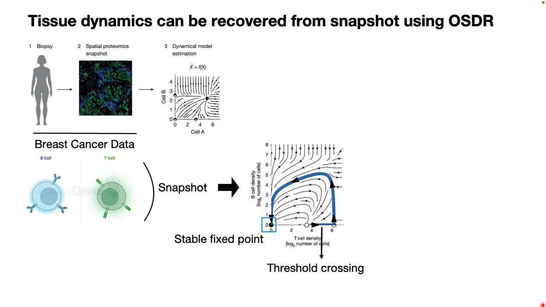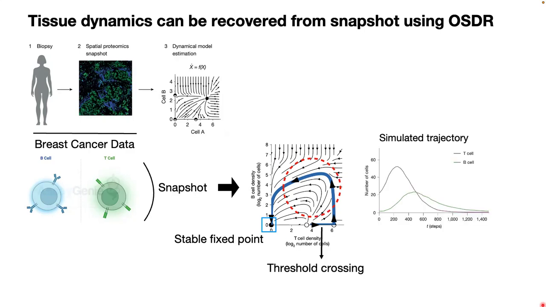And one thing to notice is that after the T cell crosses the threshold, suddenly they go to a big turnaround here. The T cell increases and then decreases and goes to 0. They simulated these dynamics, and you can also see that the T cell first increases and the B cell decreases.